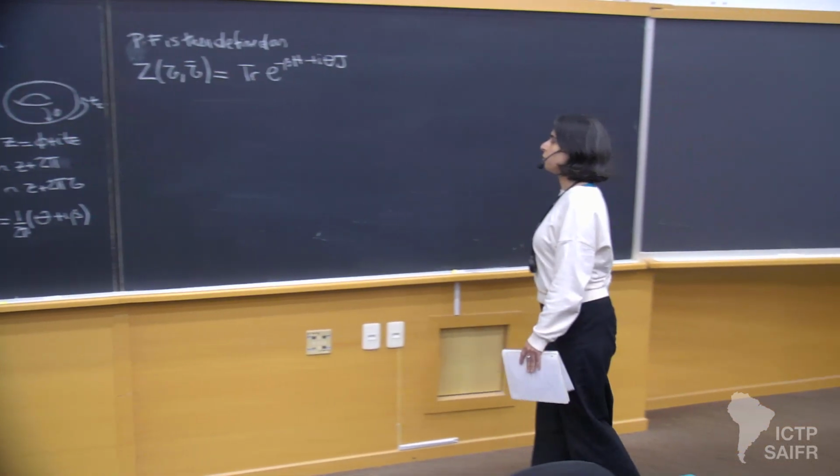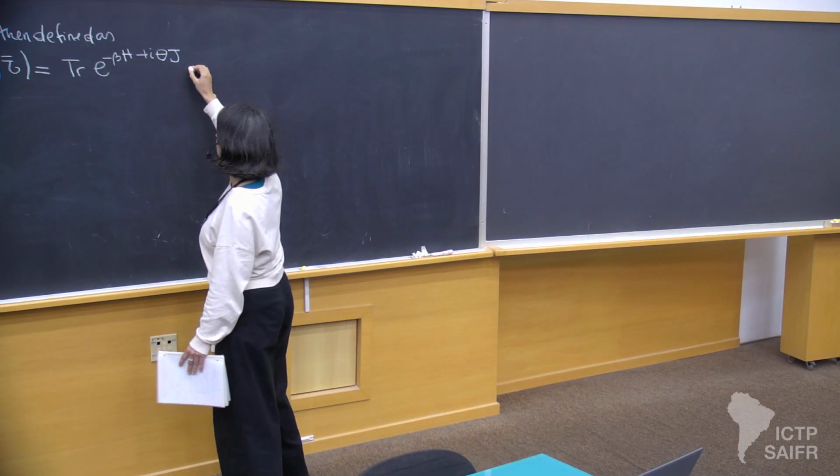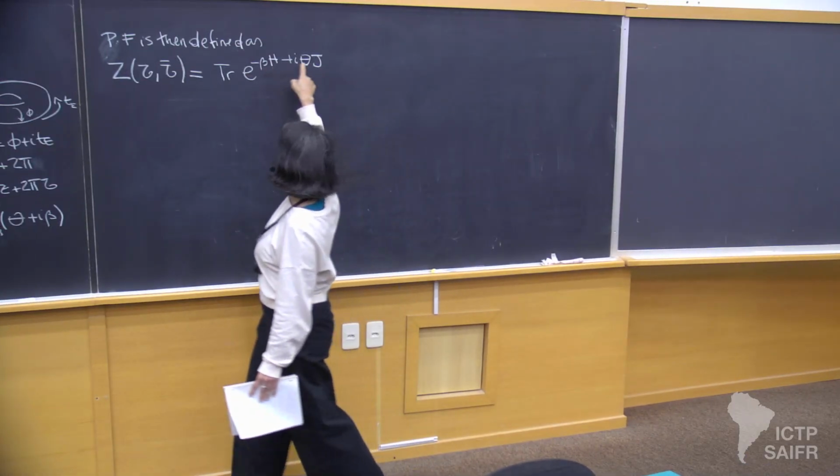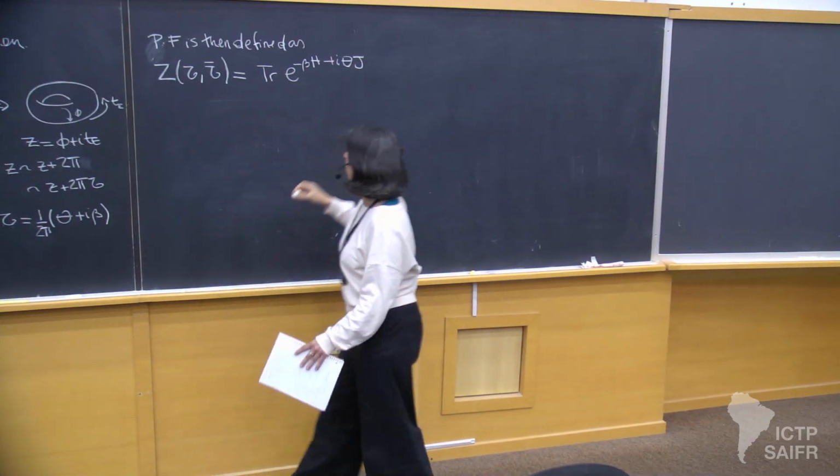It's the trace of e to the minus beta H plus I theta J. So beta and theta are those 2 parameters there.